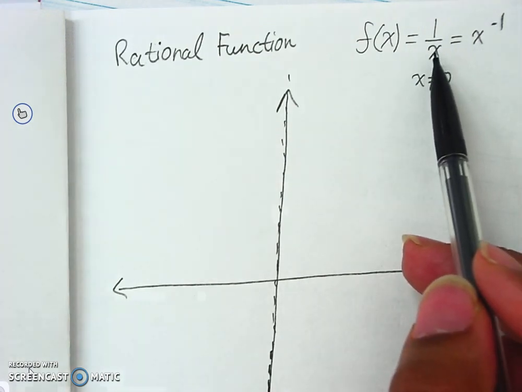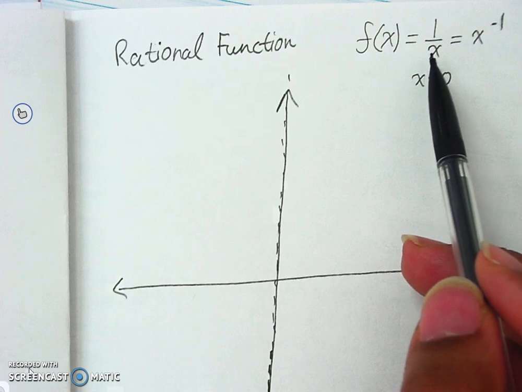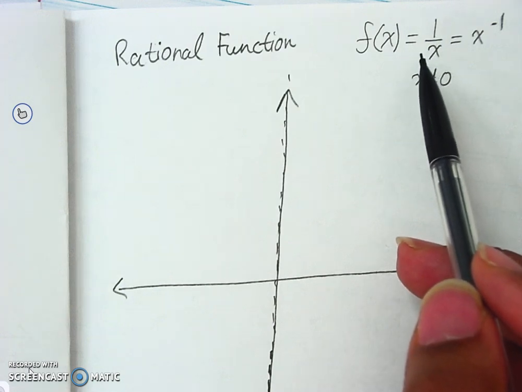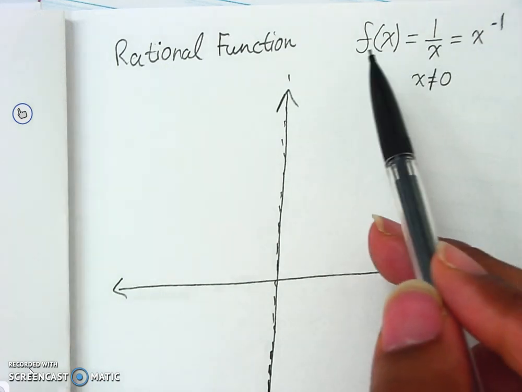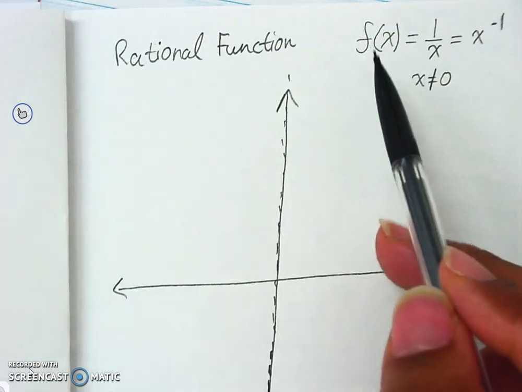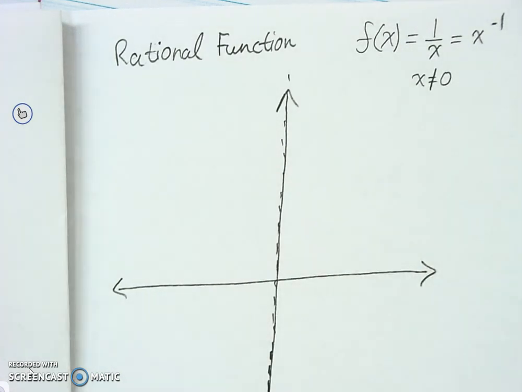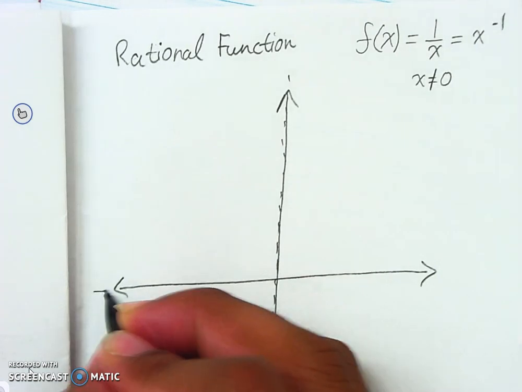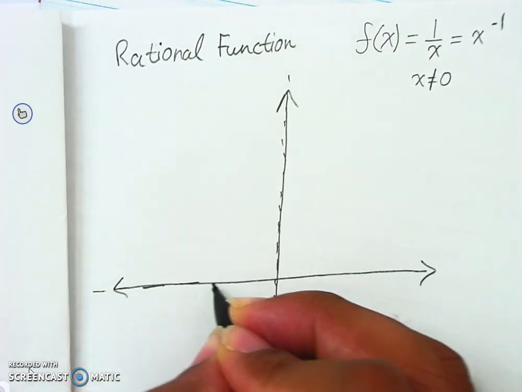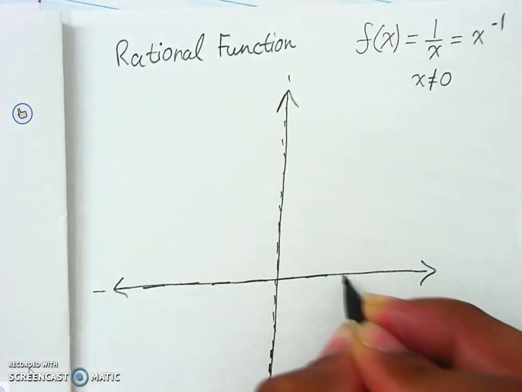If you put a 1 there, that's 1. If you put a -1, that's -1. And if you try any number, you will see that it would never equal 0. So there will never be an x-intercept here because this fraction will never equal 0. So that means here we have another asymptote, which is a horizontal asymptote this time.